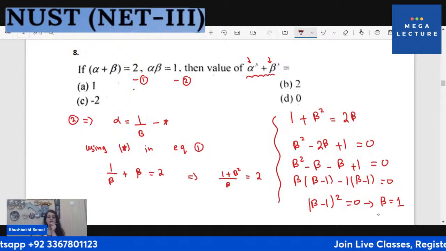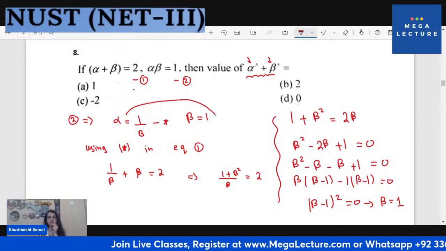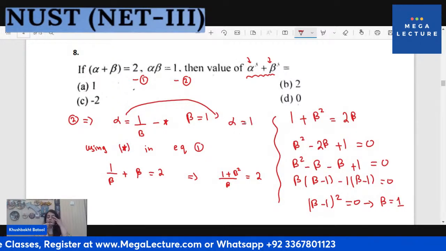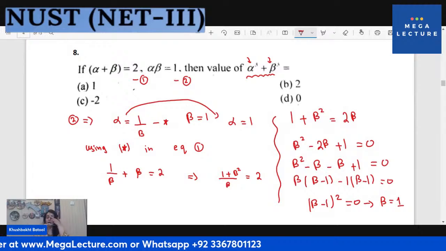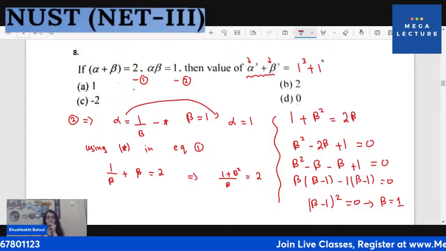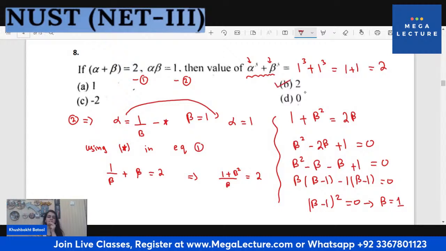So beta has turned out to be 1. When I plug in the value of beta as 1, this equation is going to give me alpha equals 1. Now, upon simplification, I got beta equals 1, alpha equals 1, and now 1 cubed plus 1 cubed would give me 1 plus 1, that is 2 directly. So the answer is going to be B in this case.